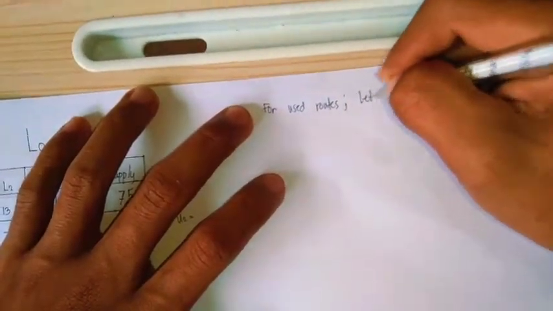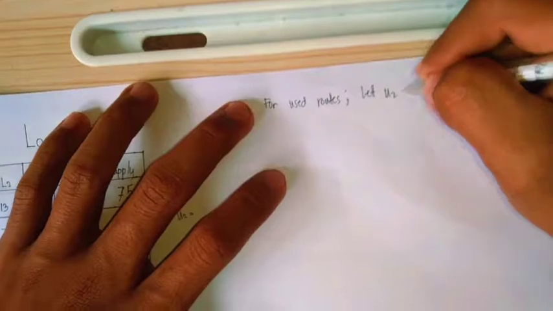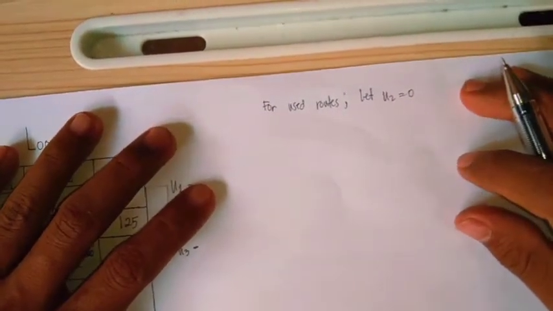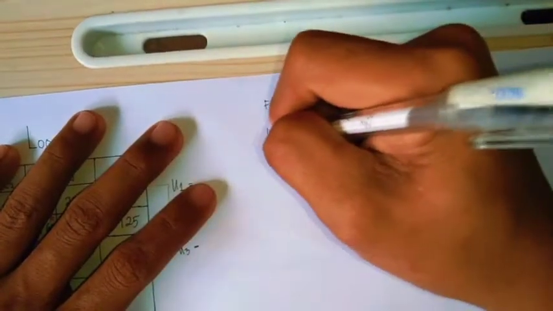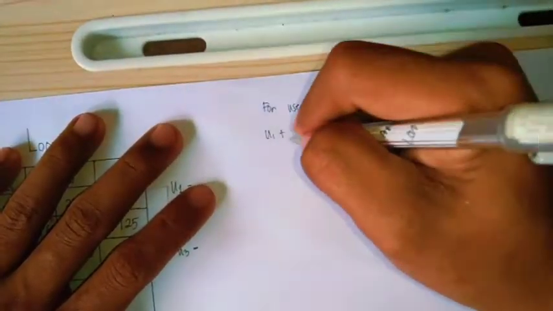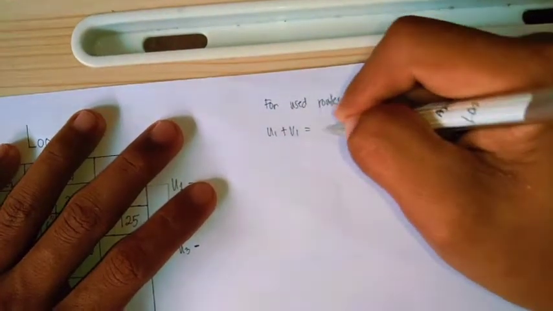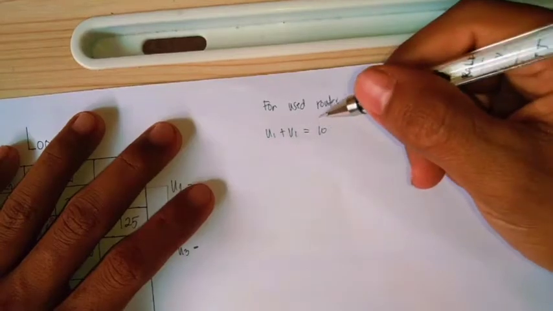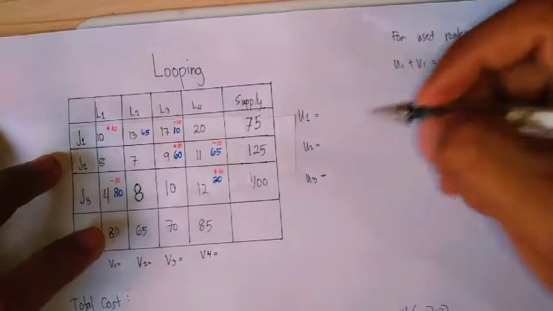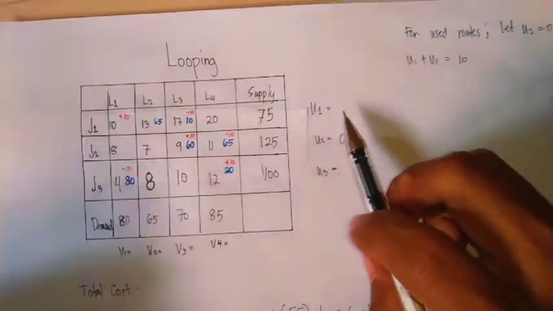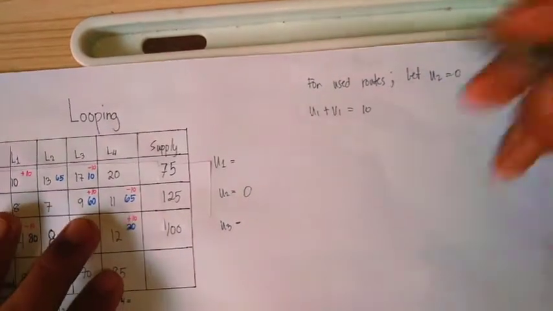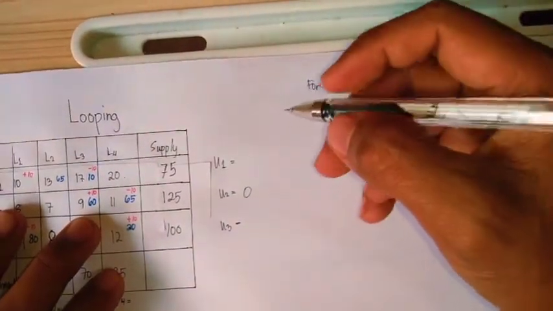So we will now let U2 equal 0. U1 plus V1 is equal to 10. Since we don't have the value of U1 and V1, we will skip this for now.